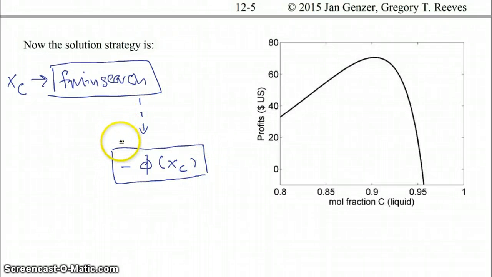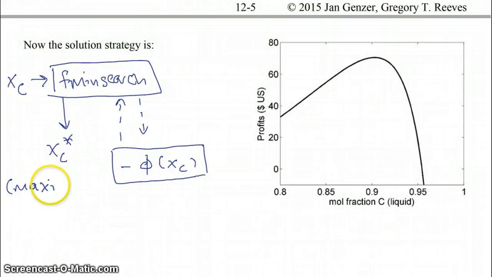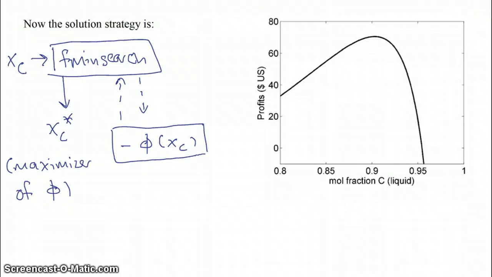That function will then spit back out to fminsearch the value of minus the profits function, and then hopefully fminsearch will spit out xc star, the maximizer of phi.